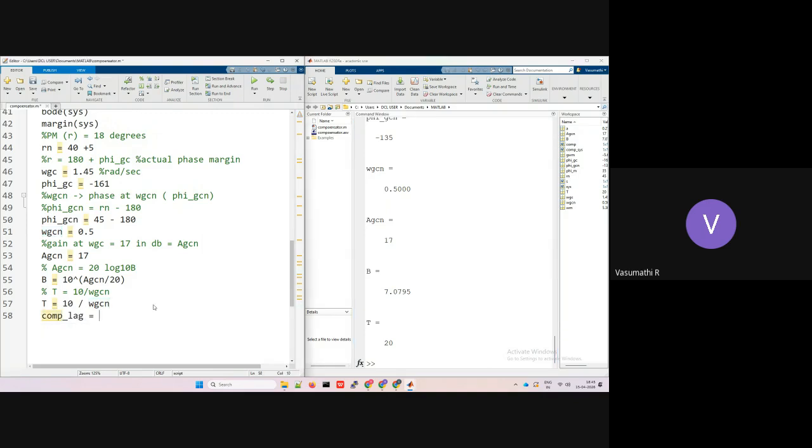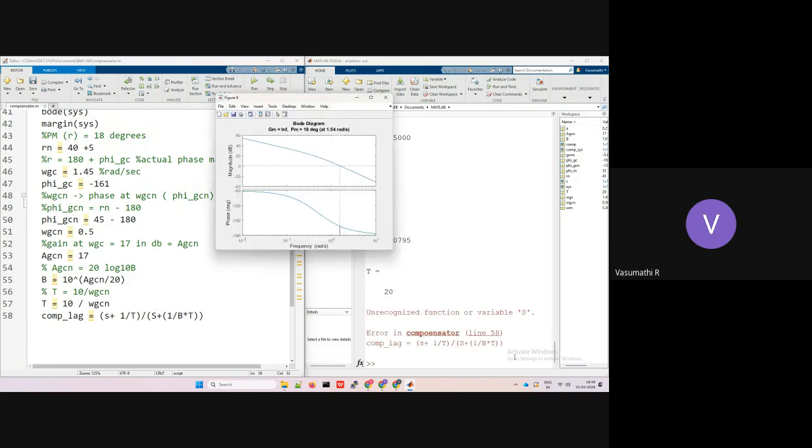Compensator lag is equal to S plus 1 by T whole divided by S plus 1 by beta into T. That is your overall lag compensator, right?